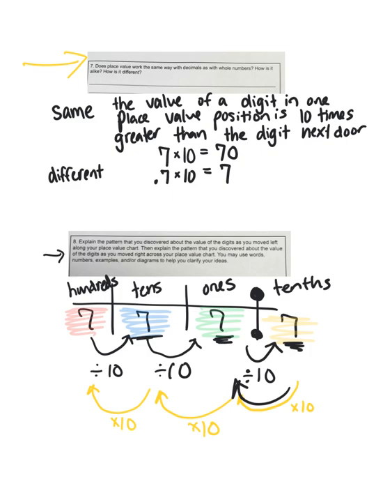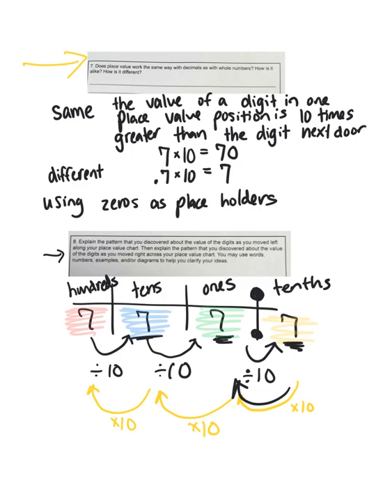What is different between whole numbers and decimals is using zeros as placeholders. The rules for using zeros as placeholders are different in decimal form and with whole numbers.